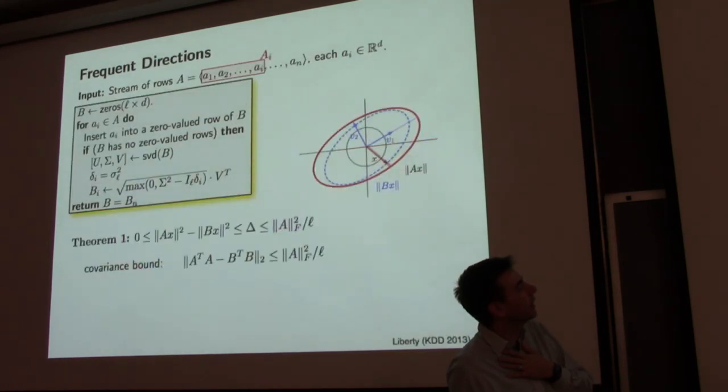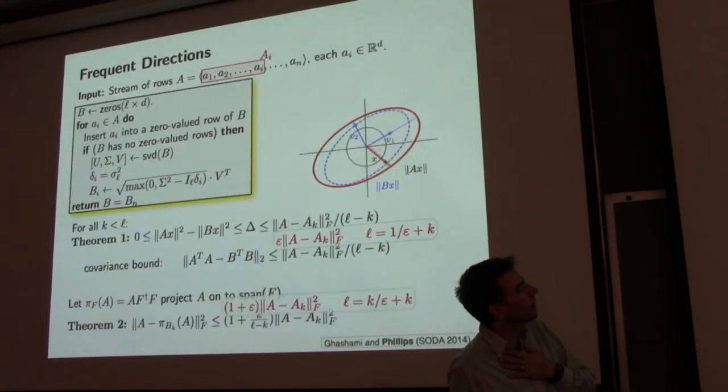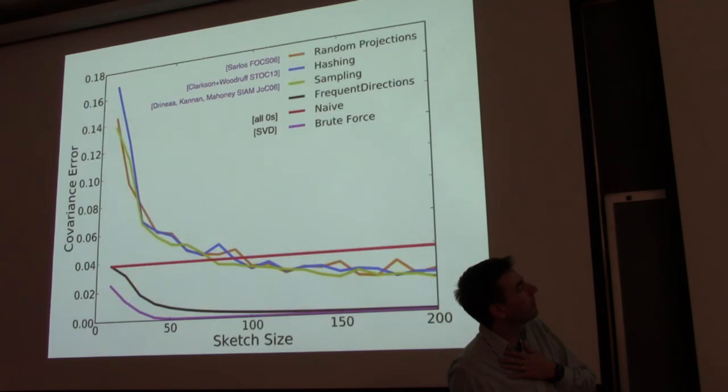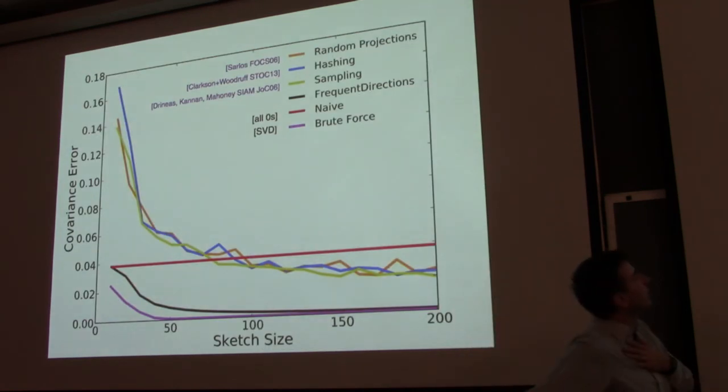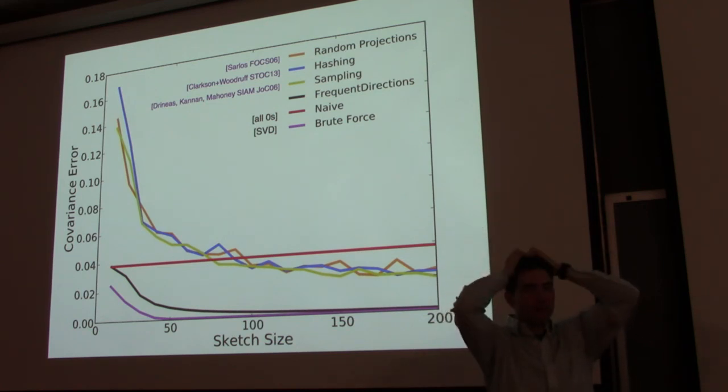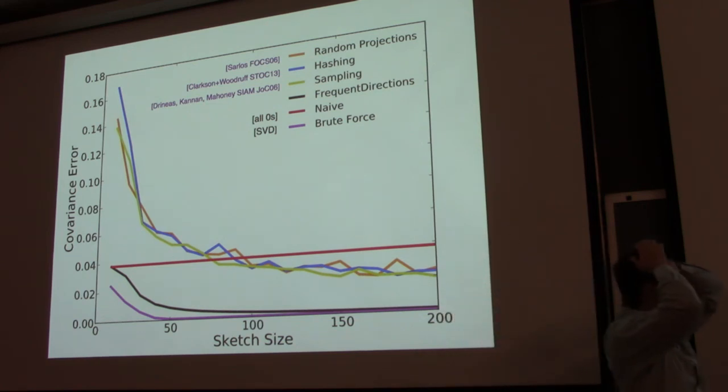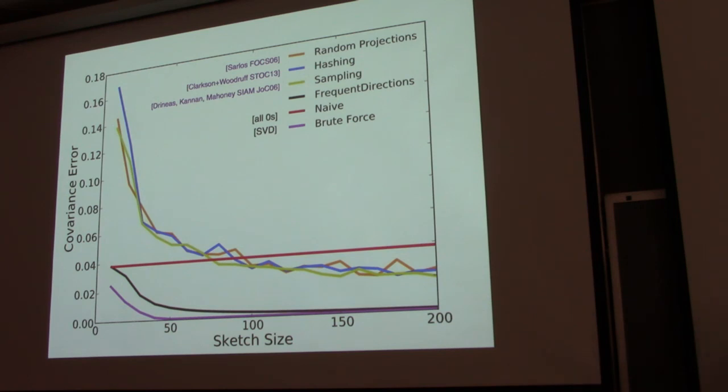Okay, and then this is the frequent directions algorithm. This is the covariance error, which was measuring with respect to any unit vector. And these are the random projection techniques, the column selection techniques, and this hashing version where you fill that S matrix up with mainly zeros.